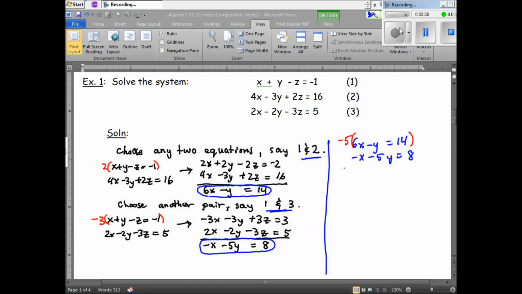And this gives me -30x plus 5y equals -70. And I can line that up with -x minus 5y equals 8 and add. I get 29x equals -62.